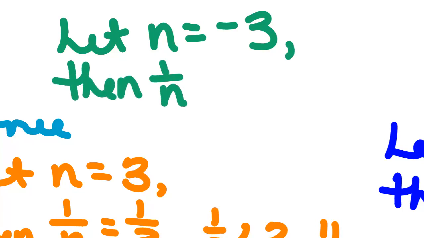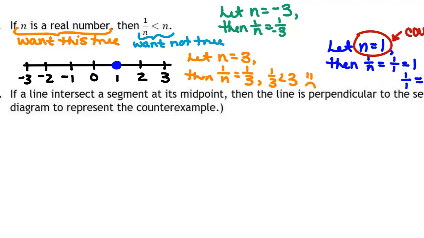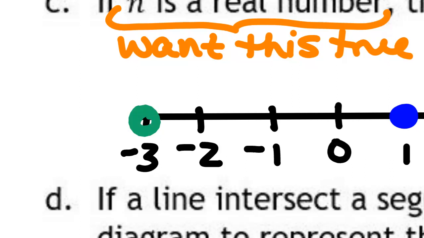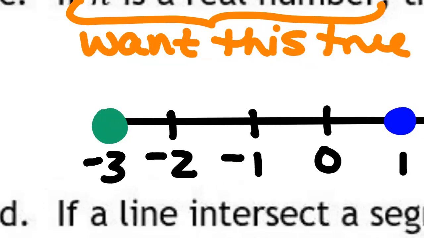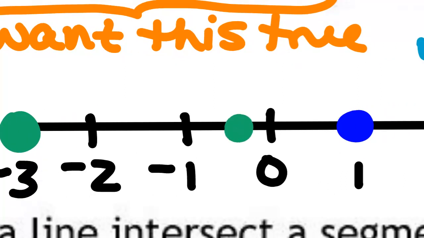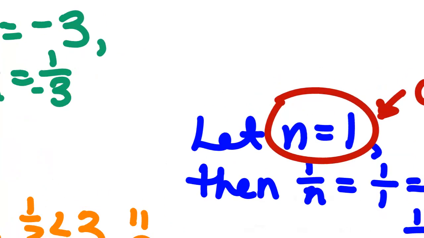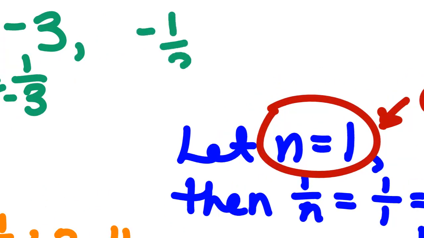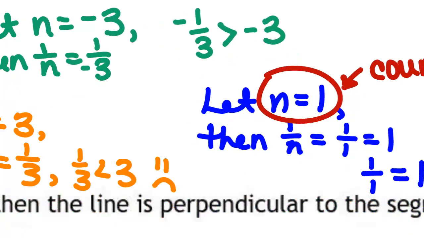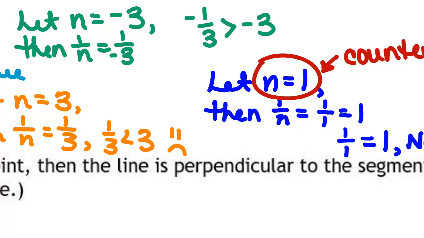Then 1 over n would be 1 over -3. -3 would be right here, but -1/3 would be over here. -3 is less than -1/3. -1/3 is actually greater than -3. -3 is farther to the left, so it is the less than thing. So this would also work as a counterexample.